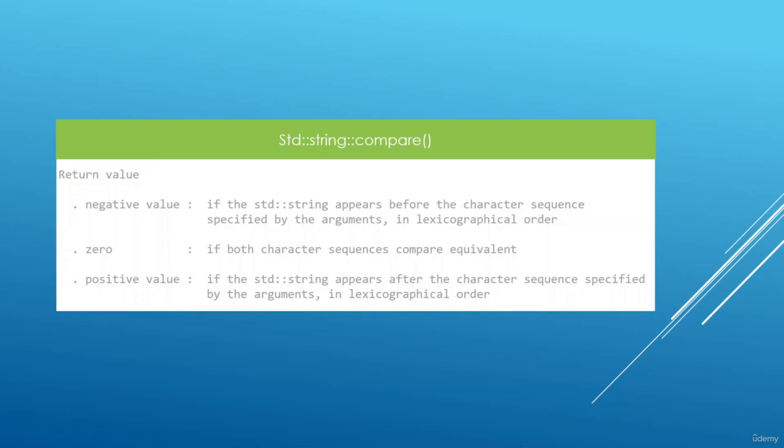If the two strings are equal, we're going to get a 0. If what we have in the string comes after what we have in the parentheses in lexicographical order, then we're going to get a positive number out of this thing. I know this may sound confusing, but we're going to take this apart a little bit, and you're going to see that it is not that hard.